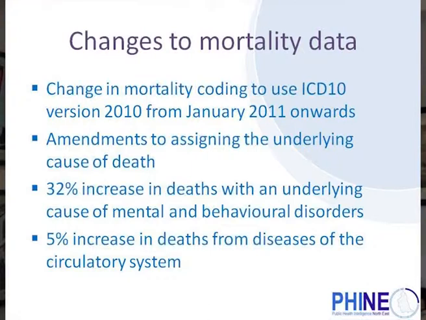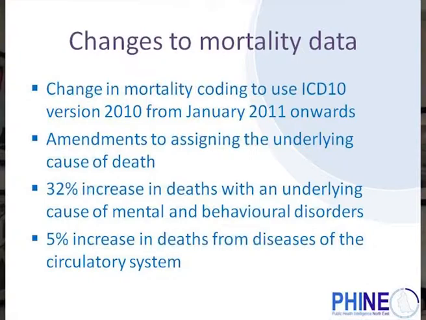Deaths from diseases of the genitourinary system have decreased, and that's because deaths that were previously recorded as having urinary tract infection and dementia have now been assigned to dementia, which seems very sensible. And respiratory deaths have shown a 2% increase, and that's to do with coding of deaths with an underlying cause of pneumonia.